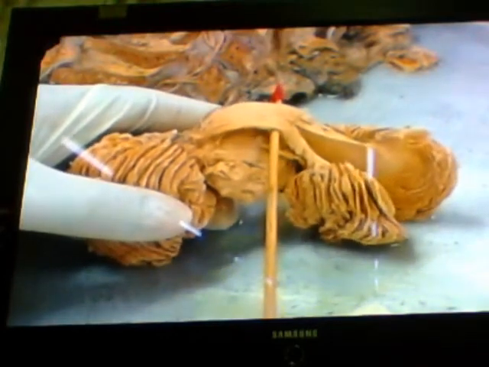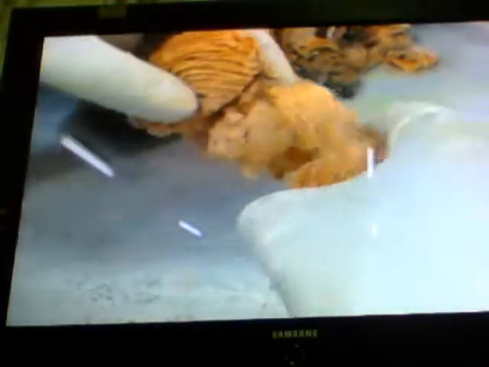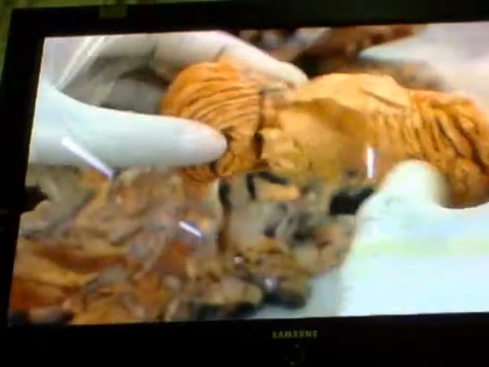Pontocerebellar fibers. You can't miss them. You have no doubt where they're going.